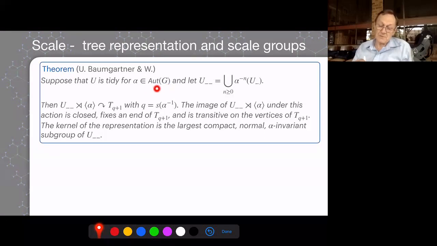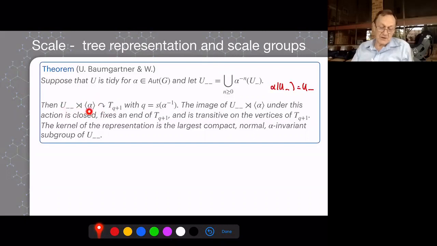So if alpha is an automorphism and U is tidy for it, and we let U double minus be this closed subgroup, then U double minus is invariant under alpha. So alpha of U double minus is equal to U double minus. And we can form now the semi-direct product between U double minus and the group generated by alpha.